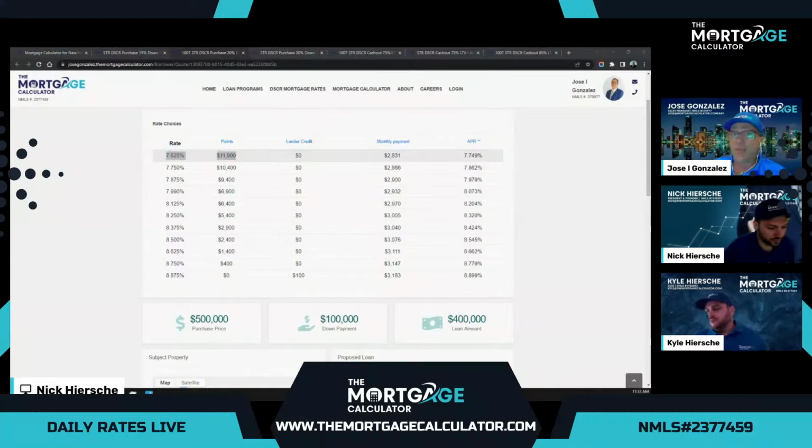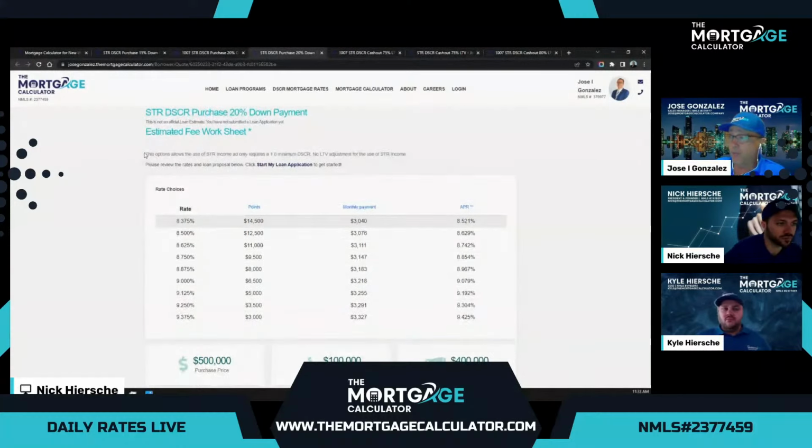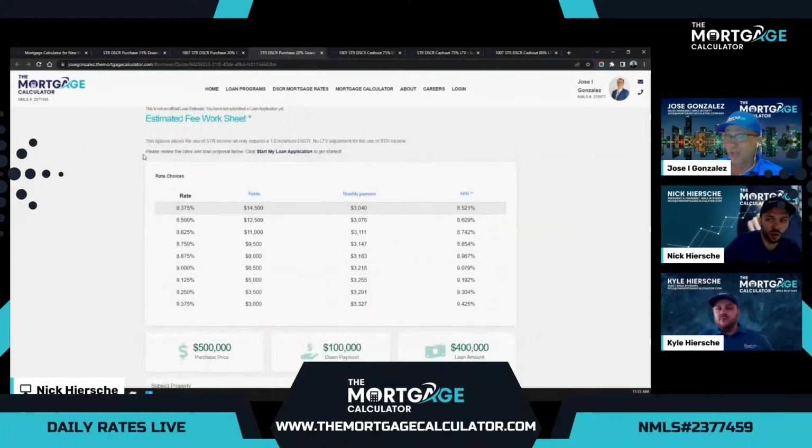So now we go for the option that allows us to use the short-term rental income for a 20% down purchase property. Now, this is a very good option if you need to capture a little extra income from the 1007, more income than the long-term rent will allow you to qualify for.